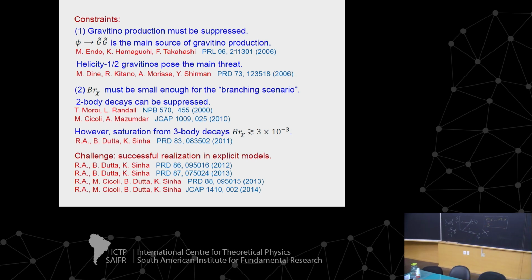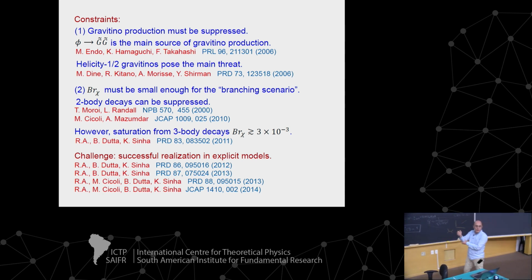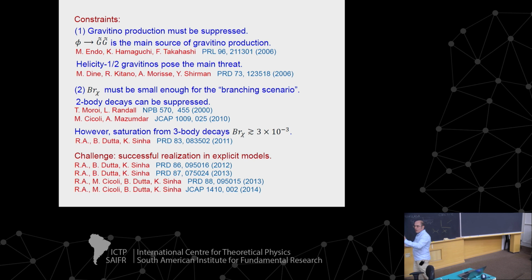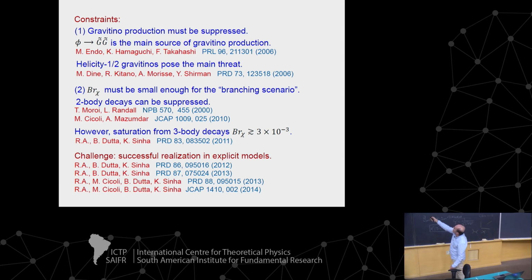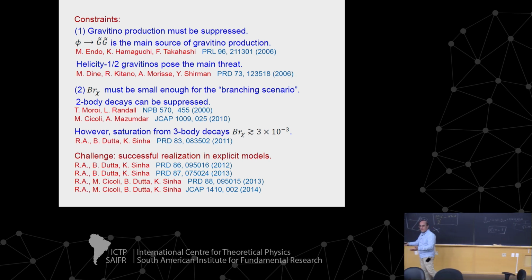As discussed in these papers, the two-body decays of the modulus to R parity odd particles can be suppressed. However, the problem is that even if you suppress that, the three-body decays inevitably show up, because moduli typically decay to gauge fields.